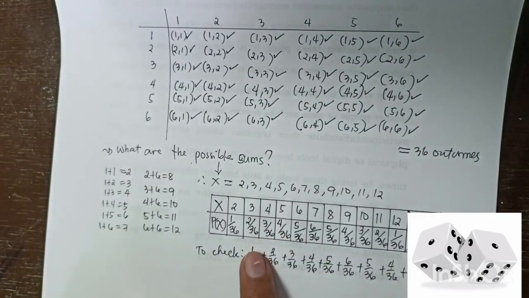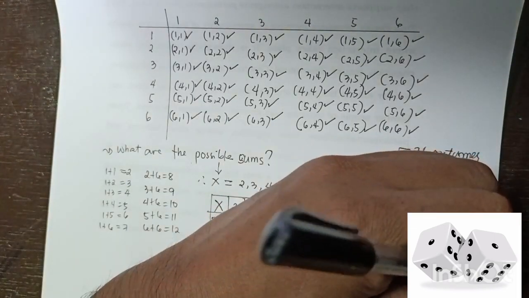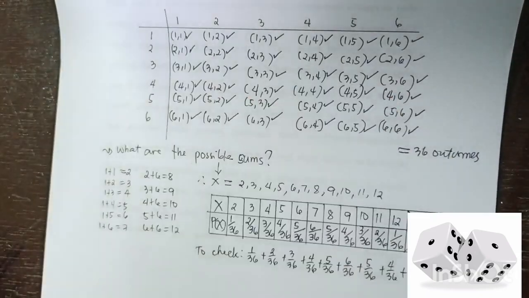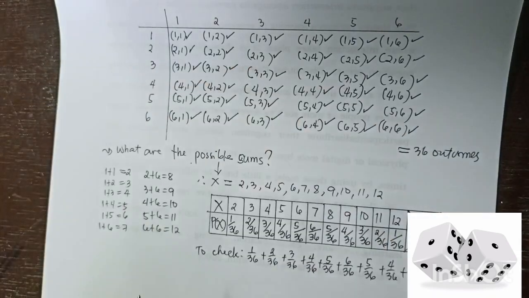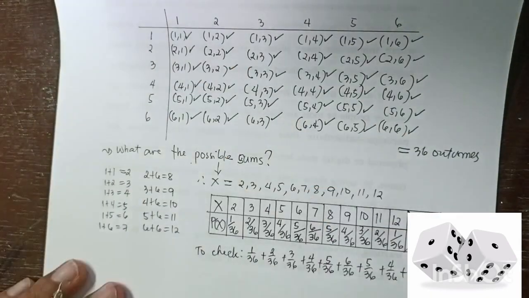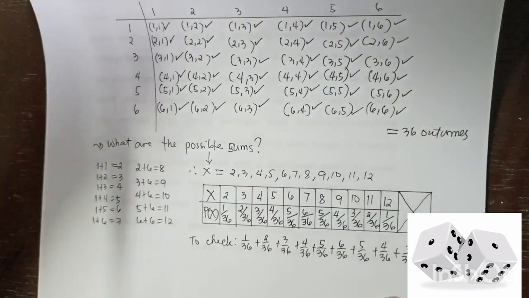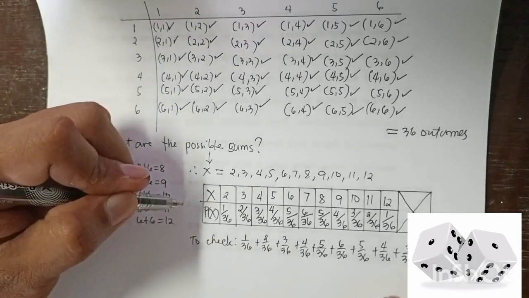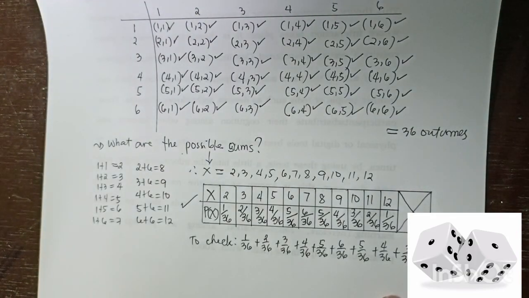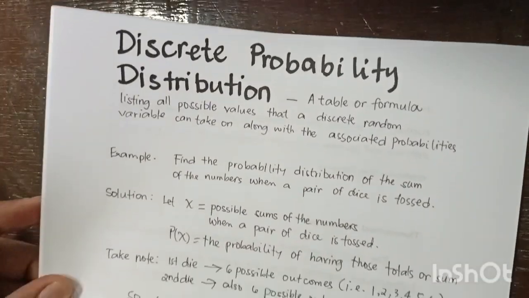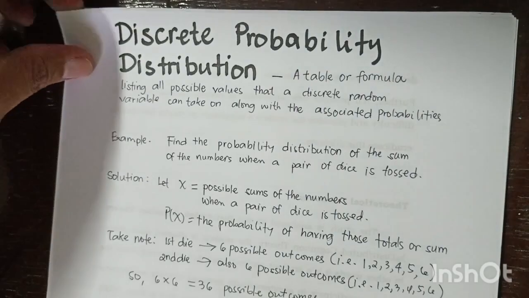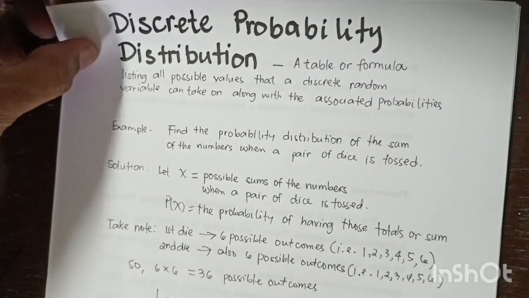So we have 1 plus 2 plus 3 plus 4 plus 5 plus 6 plus 5 plus 4 plus 3 plus 2 plus 1, that is 36 over 36, which is equal to 1. So we have correct sums for the probabilities. Therefore, the probability distribution table we created is correct.